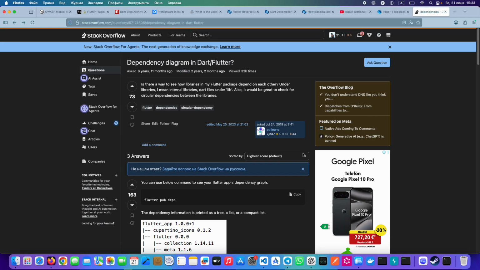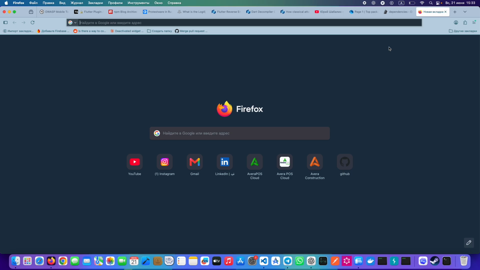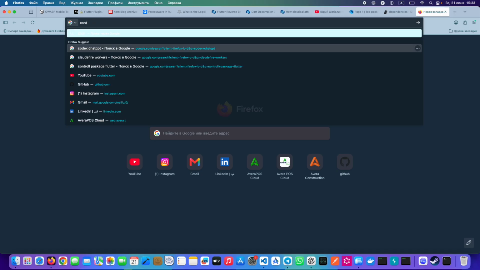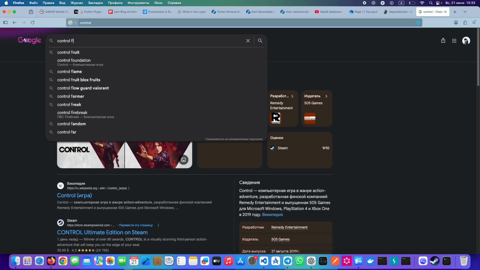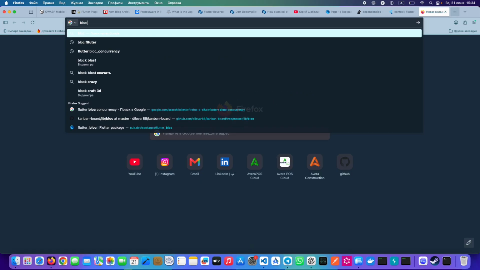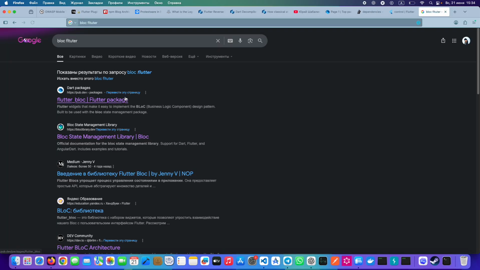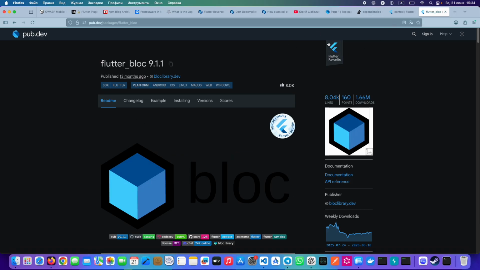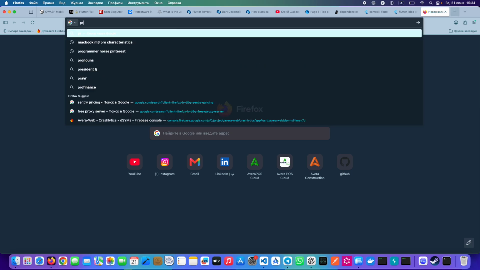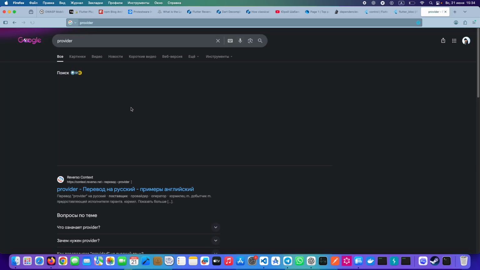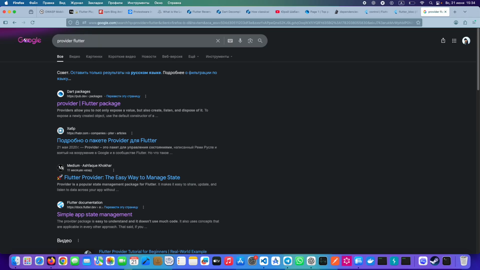That's why, even if you are a newbie or a junior who just recently joined the project and you don't know what is what, you have to be careful. Even if you're using any kind of state manager in your project, like Bloc or Flutter control, the other state managers out there in the Flutter ecosystem, like Provider, are actually not state managers.